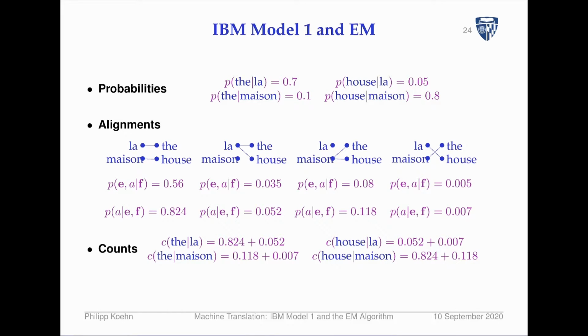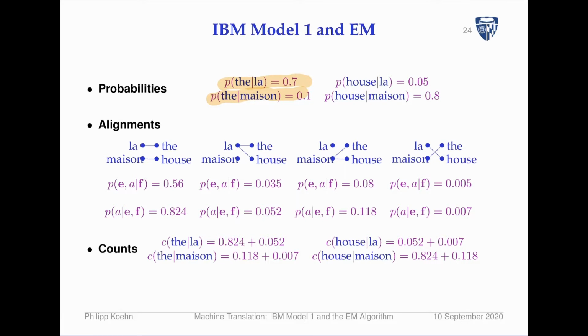Okay, let's go through this example here of a very, very tiny sentence pair, la maison to the house. And let's say we're not at the very first iteration, but we're already a little bit further down. These are the numbers we have: the being explained by la is 0.7, the being explained by maison is 0.1.